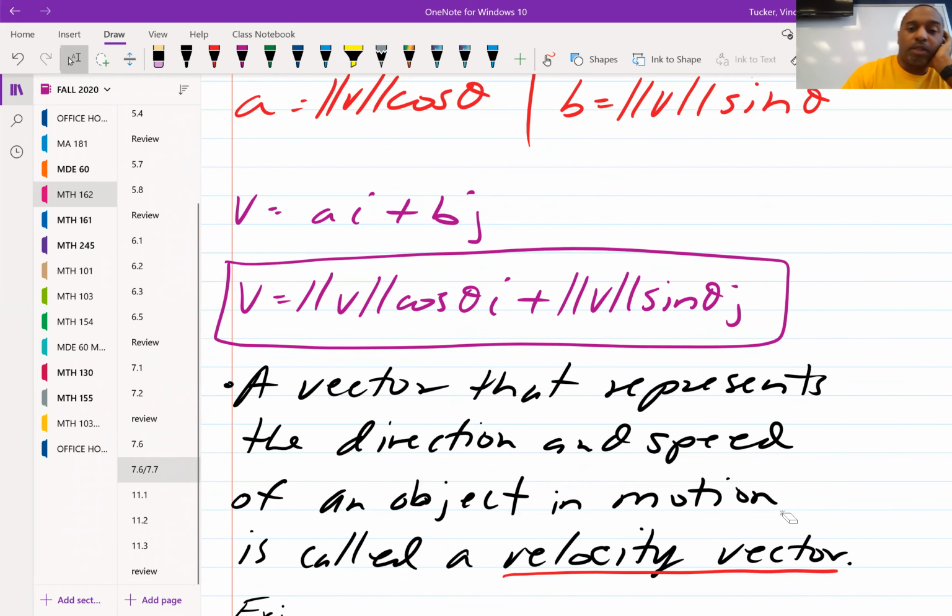A vector that represents the direction and speed of an object in motion is called a velocity vector.